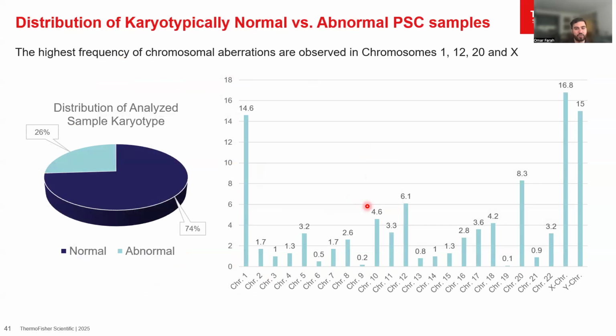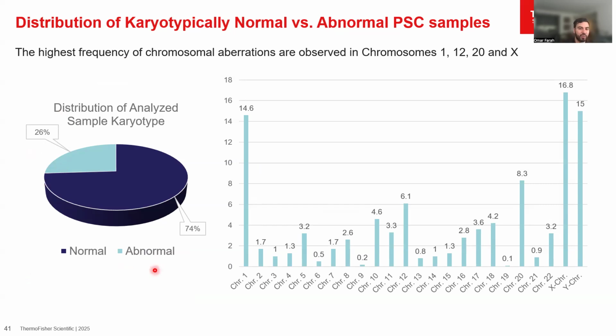And the reason why I'm mentioning all of this is just to set up our next several talks about how we're going to continue talking about culture of these cells and downstream applications. But understanding the karyotype is really, really important. We've done a retroactive study looking at the karyotypes of samples that were submitted to our services group a while back, and we've seen that approximately a quarter of the samples that we've received have had at least one abnormality.